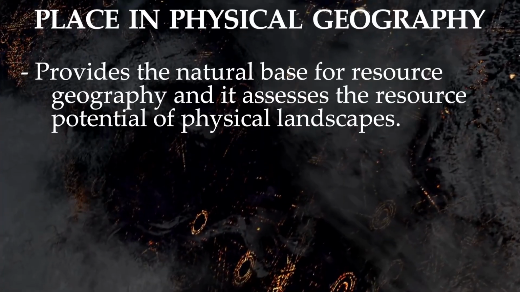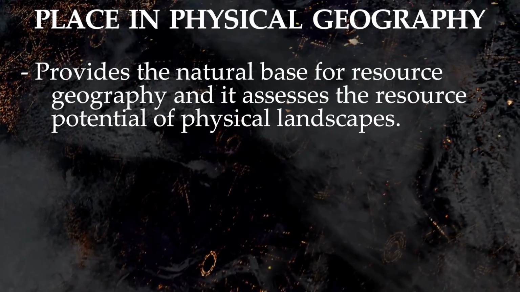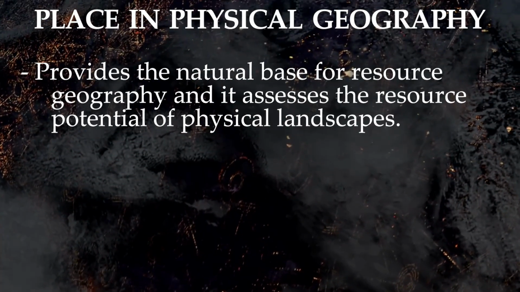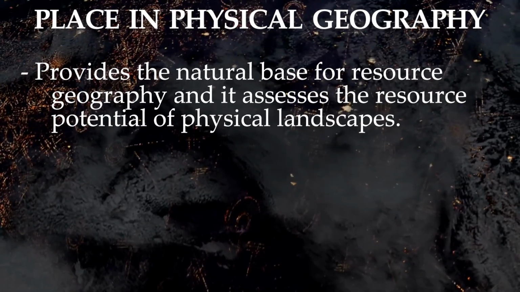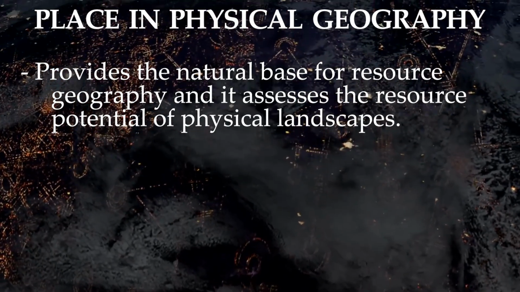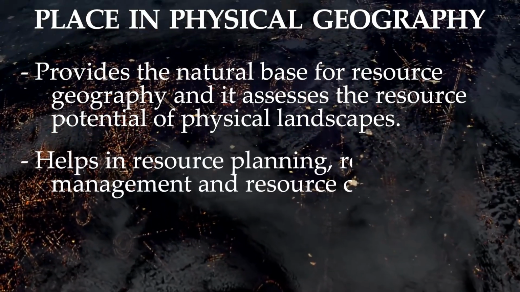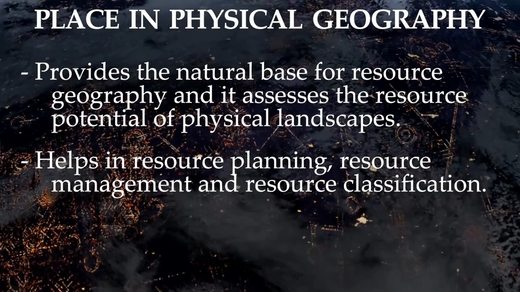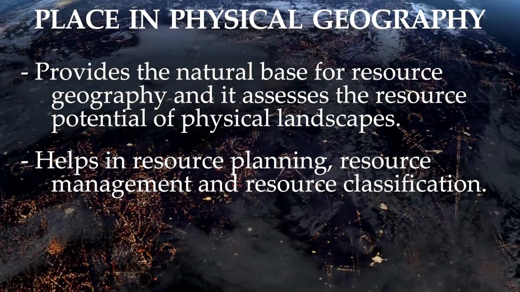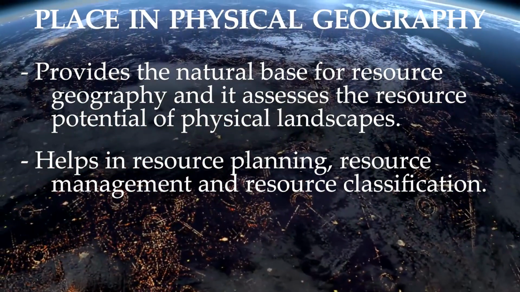Physical geography provides the natural base for resource geography, assesses the resource potential of physical landscapes, and helps in resource planning, resource management, and resource classification. These are the ways by which physical geography and resource geography are closely interlinked.